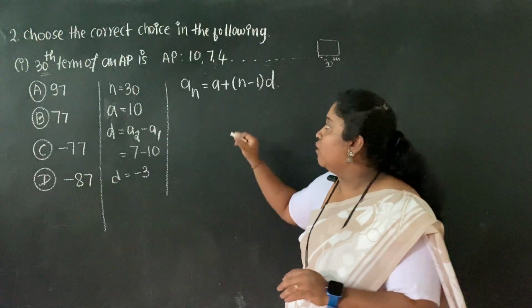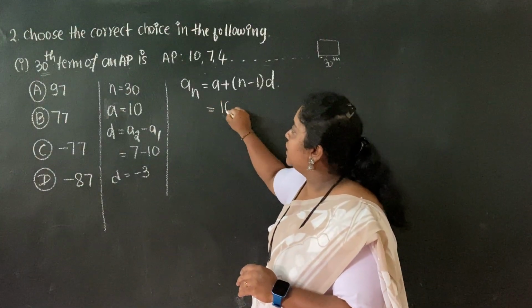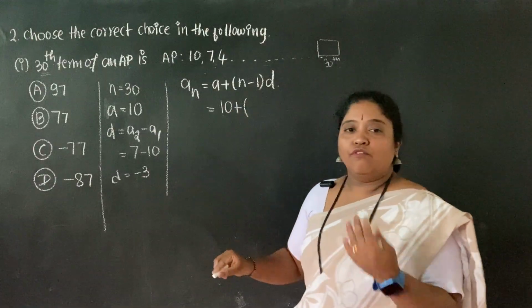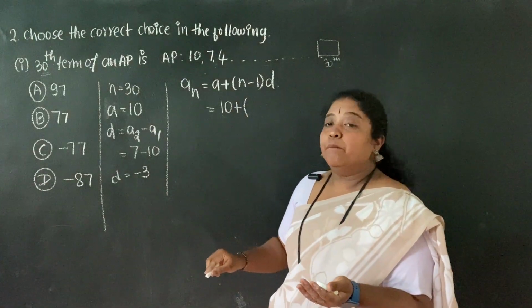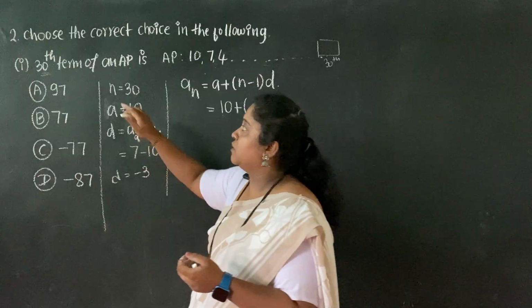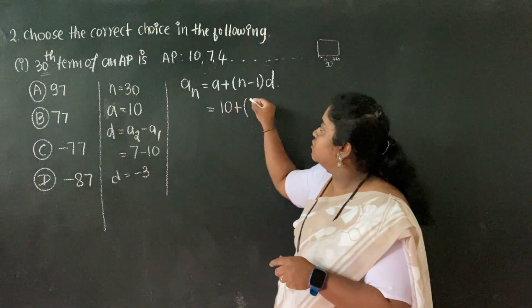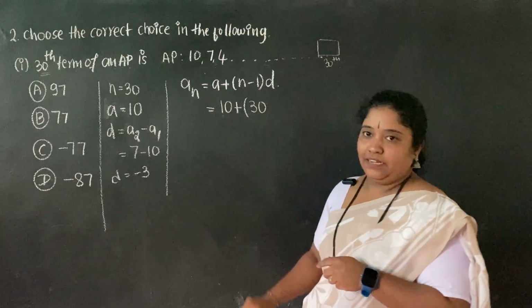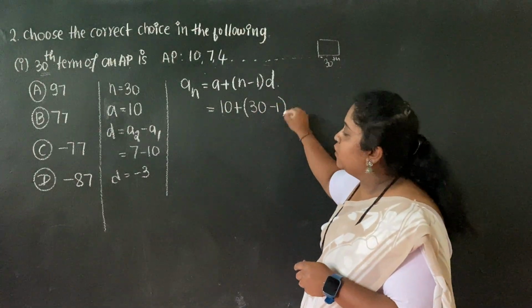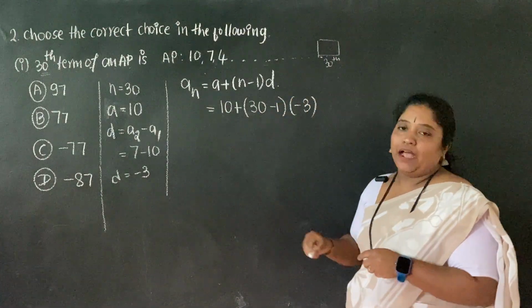Now I'll substitute. a is 10, n is 30, so 30 minus 1, into d, which is minus 3.